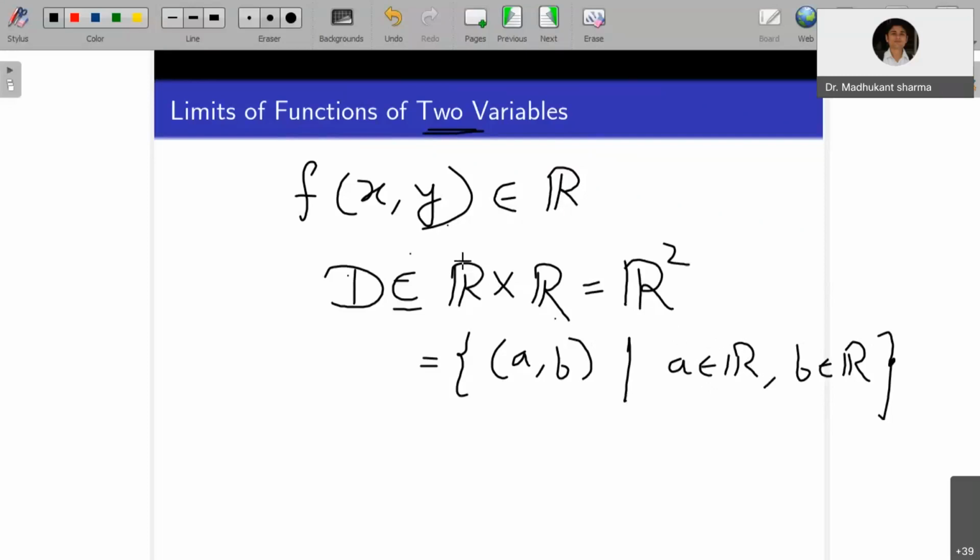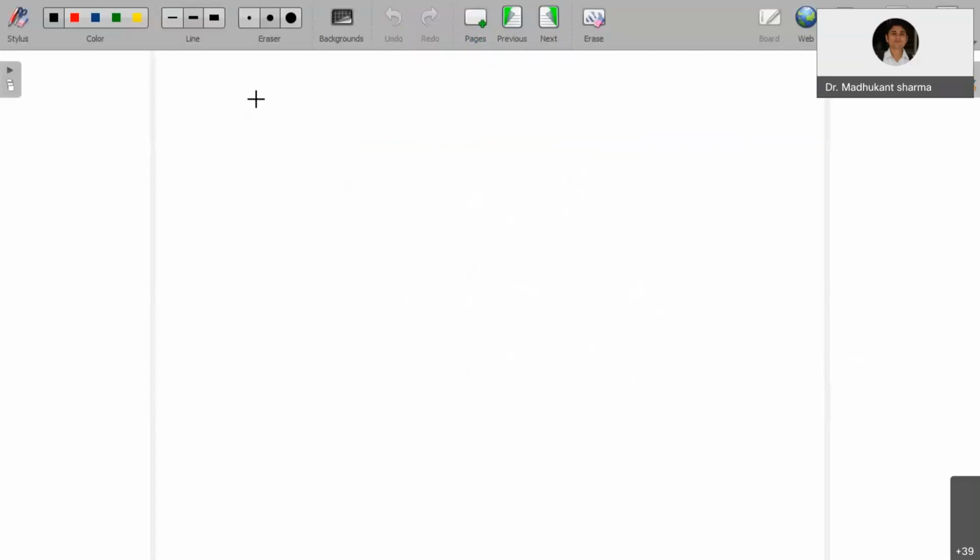That was the first step. Now, you have looked at the limit of a function of a single variable, like on the real line.